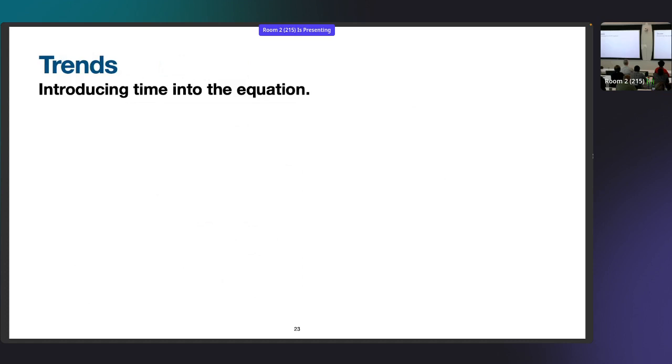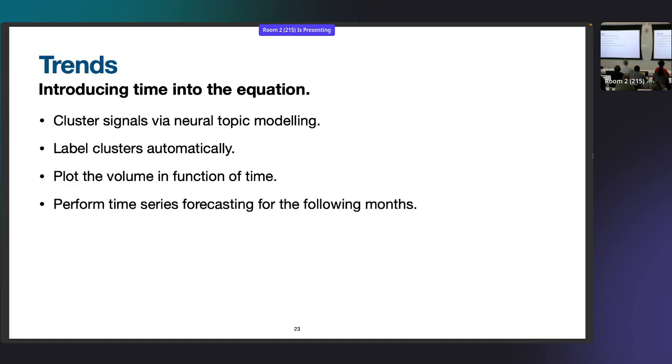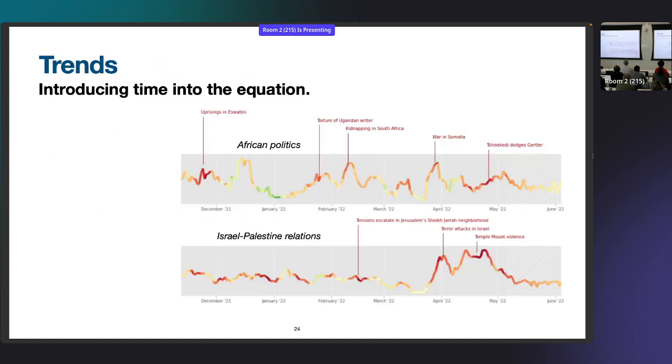What happens when we introduce time into the equation? We can also plot the volume as a function of time, and we can perform time series forecasting for the following months. Here we have a couple of examples: African politics and Israel-Palestine relations. In this chart, the y-axis is the volume, and the color is the sentiment.